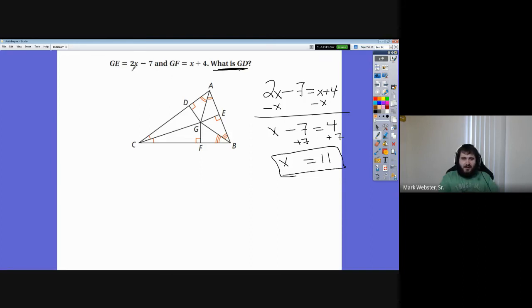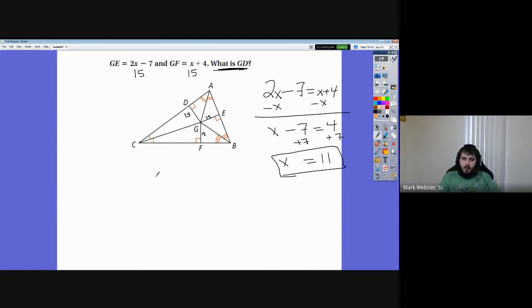If I plug 11 into this one, 22 minus 7 had better be 15. If I plug it into this one, 11 plus 4 had better be 15. Well, if this is 15 and this is 15, what must the one that we actually have be? It had better be the same thing. It had better also be 15.